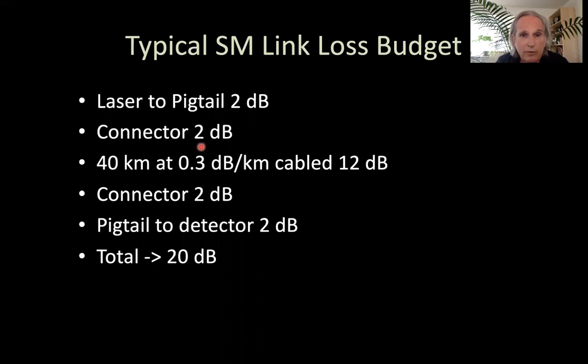Connectors, you can get a connector that's 1 dB, but they get dirty, they get old. 40 kilometers at about 0.3 dB per kilometer would be 12 dB. You can get down to 0.2 dB per kilometer for single mode fiber. However, that's uncabled. If you start putting it in a cable, it gets micro bends, and the loss goes up. That's about 12 dB. We've got another connector before we go into the fiber pigtail, and the pigtail to the detector is another 2, and we've already gotten to 20 dB, and we can't go any farther.